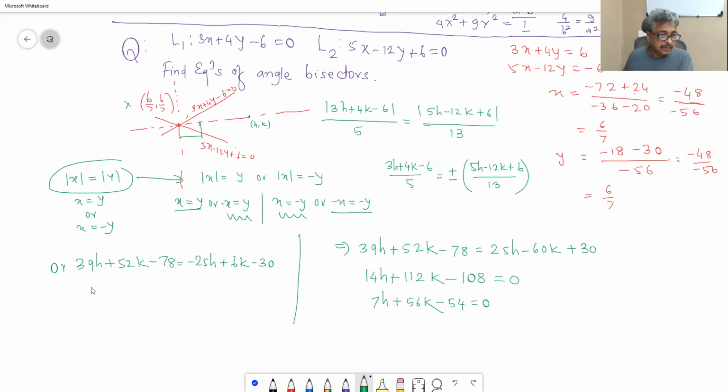I think so. Okay, if we do this, then 39 plus 25 is 64h. 52 minus 60 is minus 8k. Minus 78 minus 30 is minus 48, equal to 0.